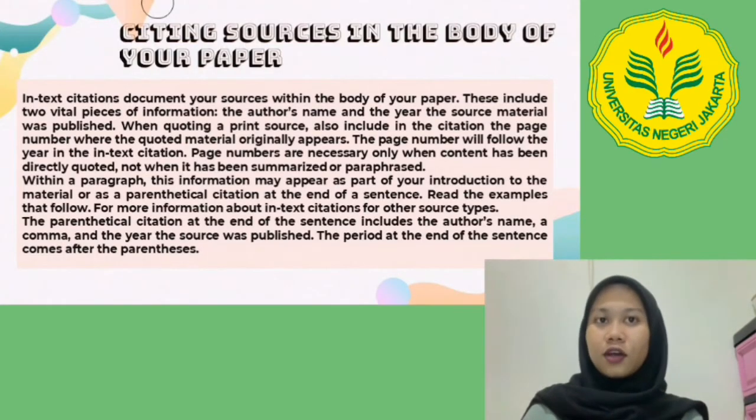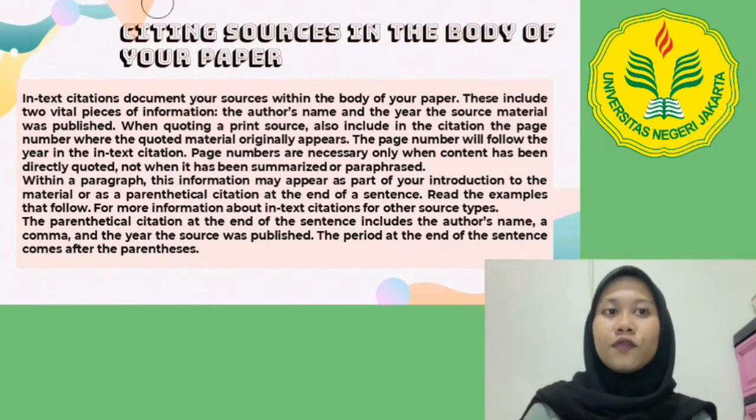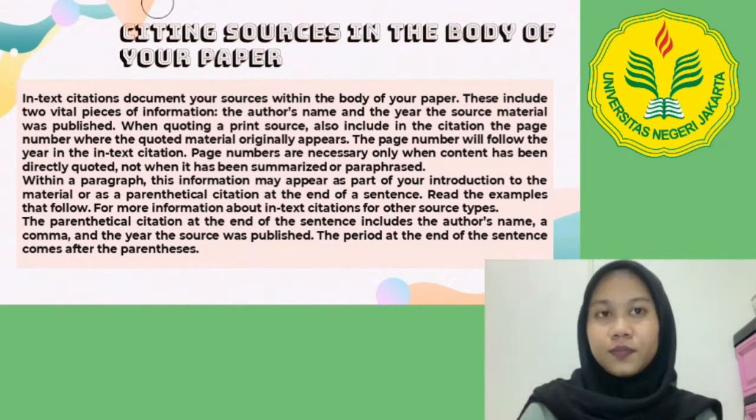Citing sources in the body of your paper. In-text citations document your research within the body of your paper. This includes two vital pieces of information: the author's name and the year the source's material was published.